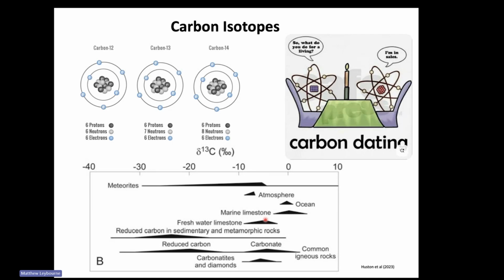Freshwater limestones form from groundwater, which is isotopically lighter, so they're lighter. And then we have really large ranges for things where there is biological activity. And then igneous rocks have values that are roundabout mantle values, around -6 per mil.